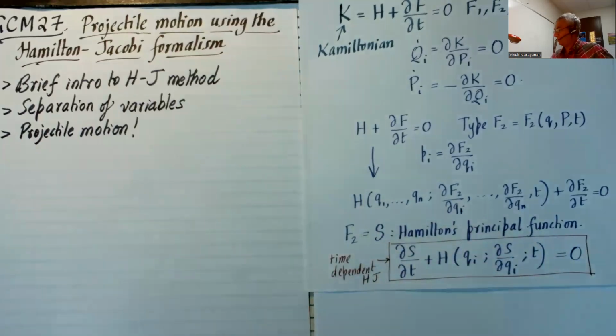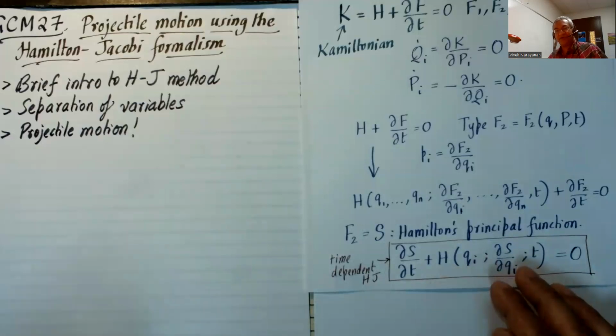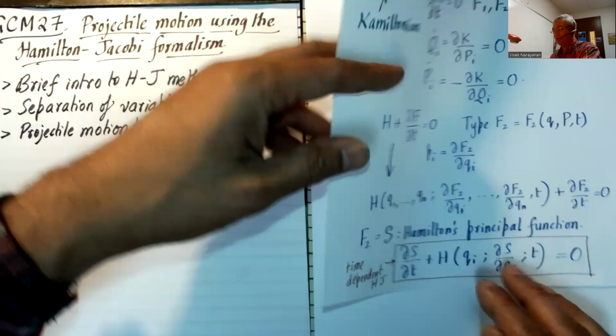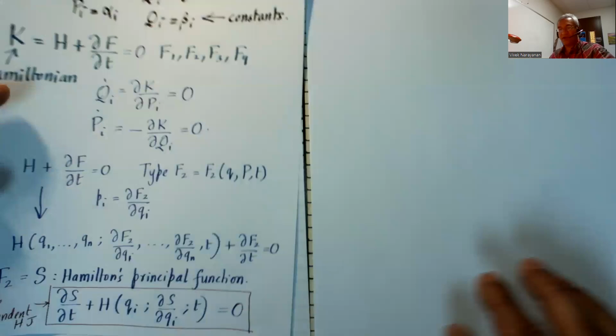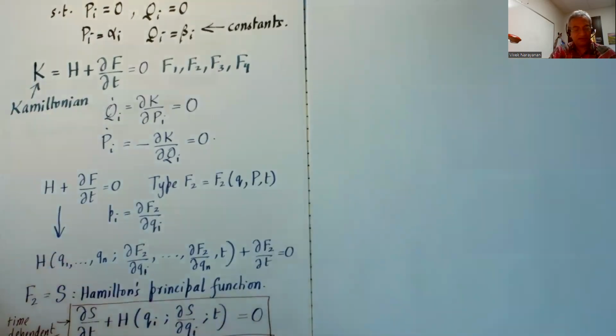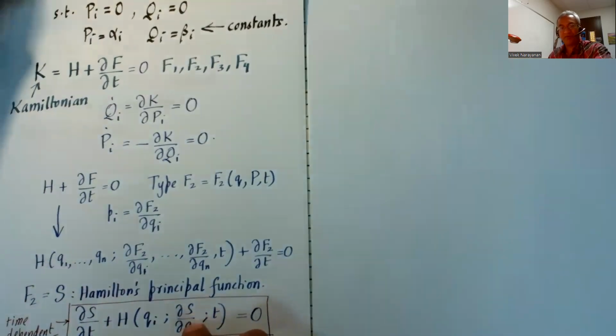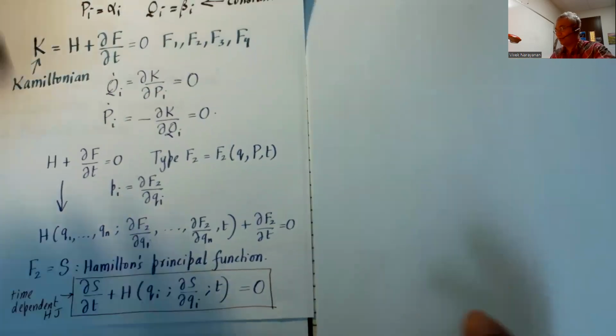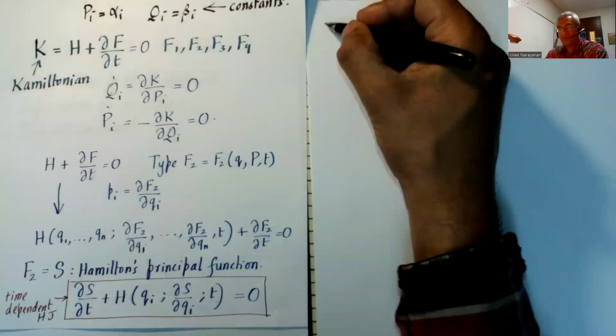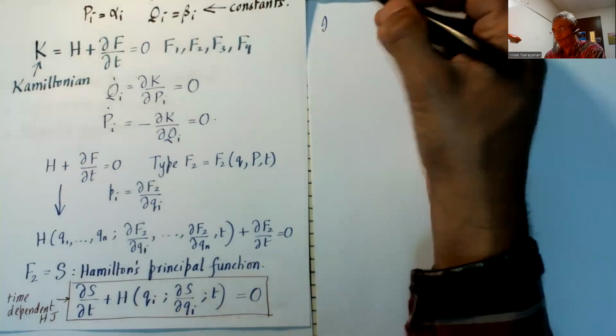All right, so that is already looking very weird and very strange. Now, if further the Hamiltonian does not depend on time, then you can write the Hamilton's principal function in a separated form. So in the projectile motion problem, that's true.